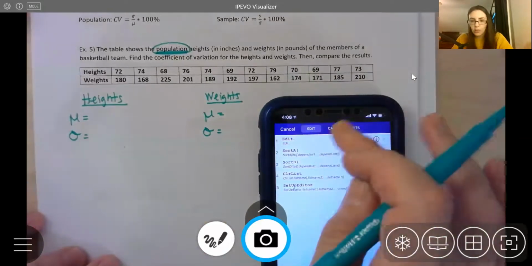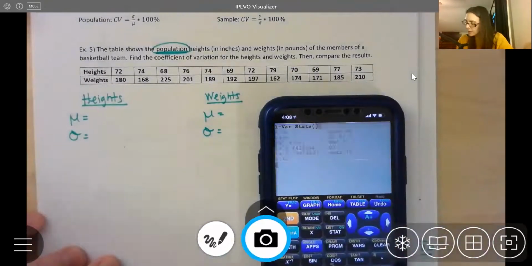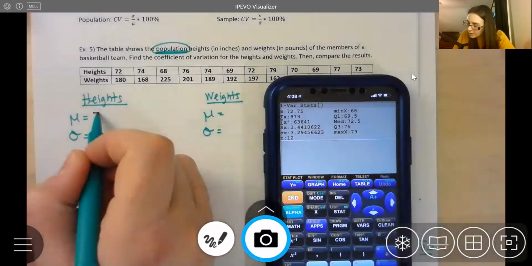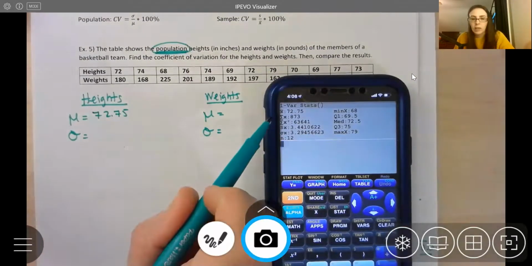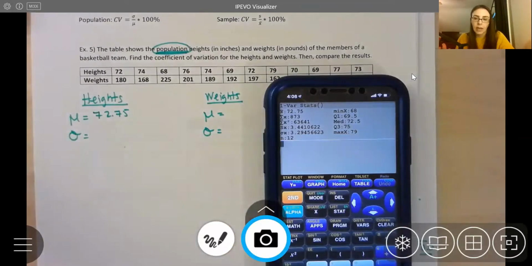I'm going to make sure I move over to calc, and then I'm going to hit 1-Var Stats and hit enter. That's going to give me my mean and my standard deviation right away. So my mean here is 72.75. Now, remember, your calculator does not distinguish between x bar and mu, so you just have to recognize that it's going to be the same value.